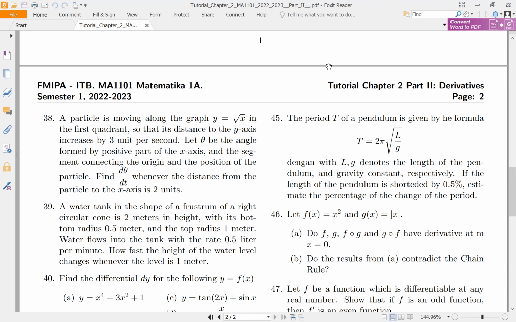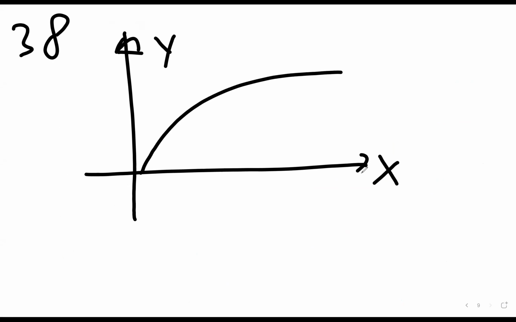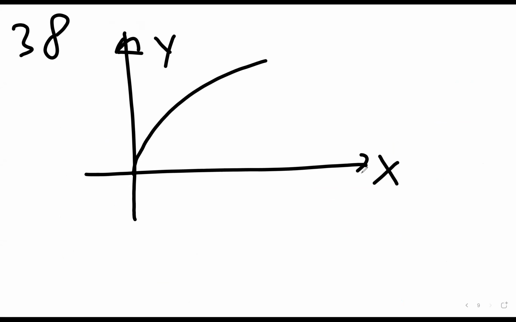All right. Okay, so for number 38, we should draw a sketch of the situation. Suppose that you have x and y there, and y equals square root of x, something like this.